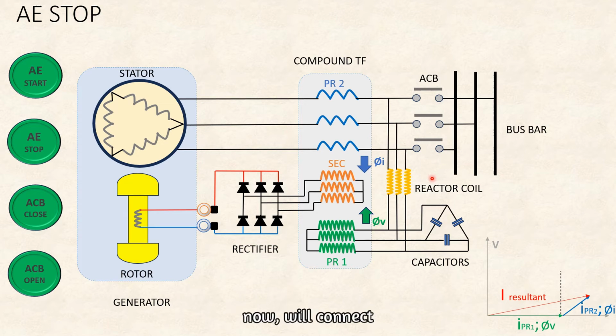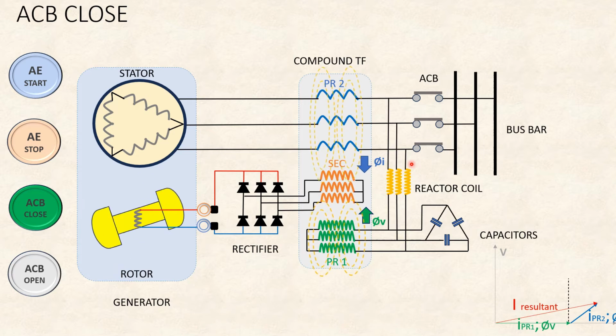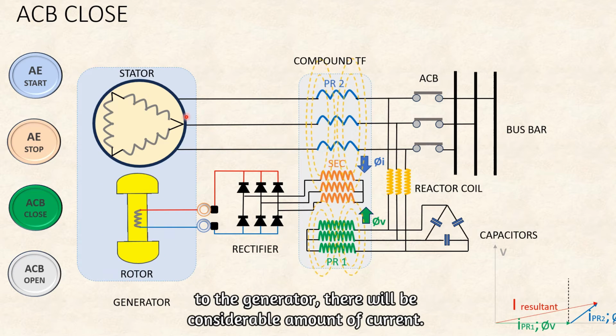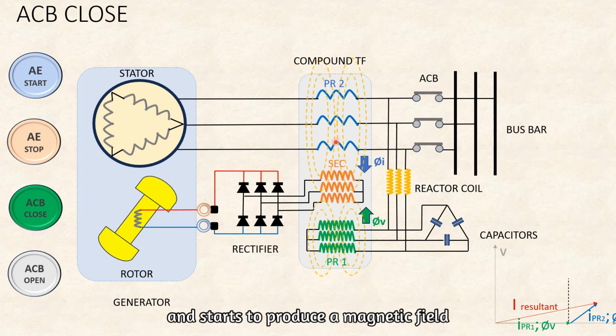Now we connect the ACB and then a load to the stator. As the circuit breaker is closed, the load is connected to the generator. There will be a considerable amount of current. It starts to flow through the PR2 winding and produces a magnetic field.